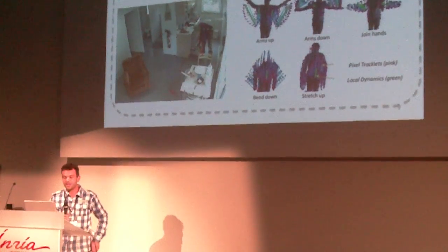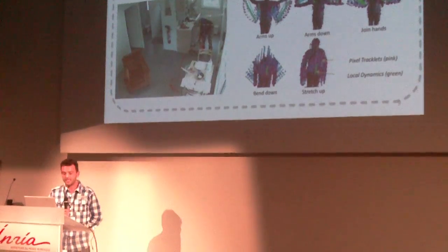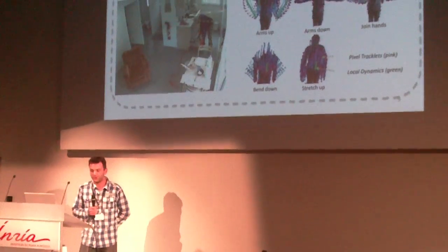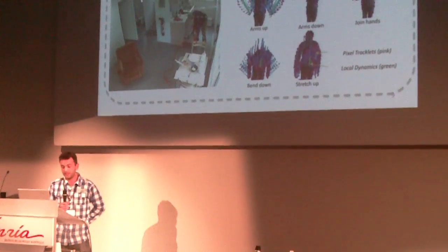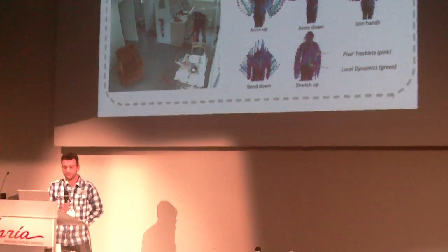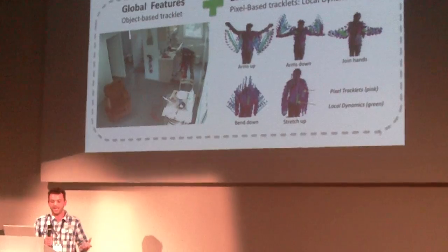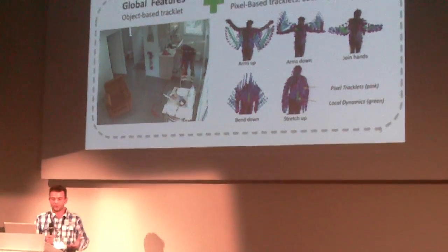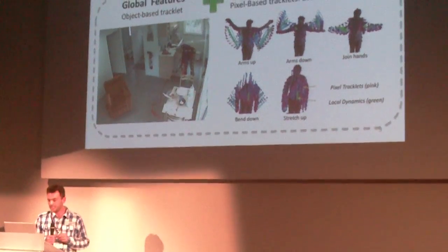The problem with adding local features is that object tracking, in my understanding, is not ready enough or accurate enough to track, for instance, the hand of the person, the torso, the head, and things like that.